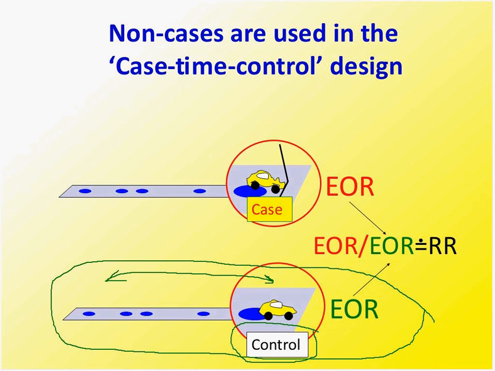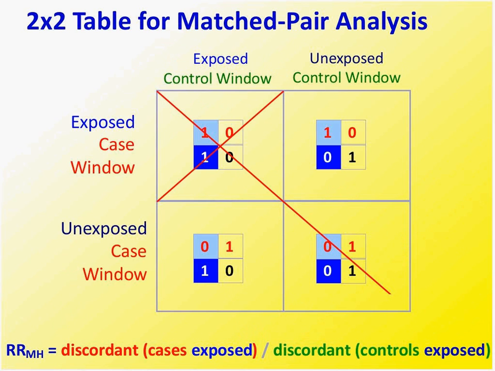So this is what I called the caveat. Here is a self-controlled part of the case time controlled design, a self-controlled analysis among non-cases to control for trends. But in general, self-controlled means case only.